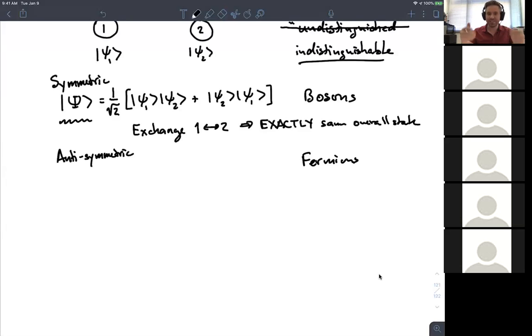Okay, so again, just take my word for it that for a fermion, the multi-particle wave function has to be anti-symmetric. And what I mean by that is this. Psi1, Psi2, just as we had before, except instead of a plus sign, it's got to be a minus sign.